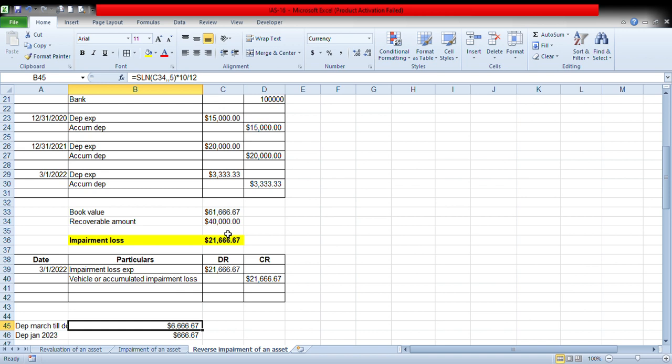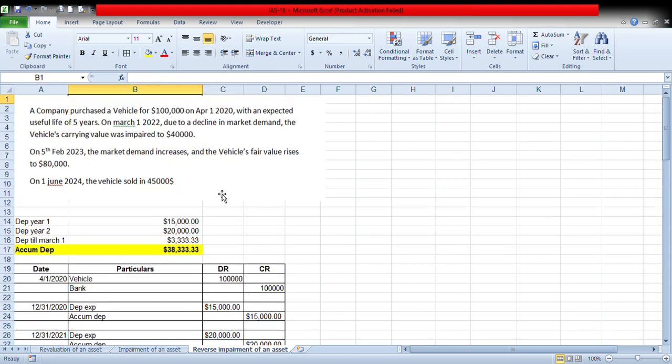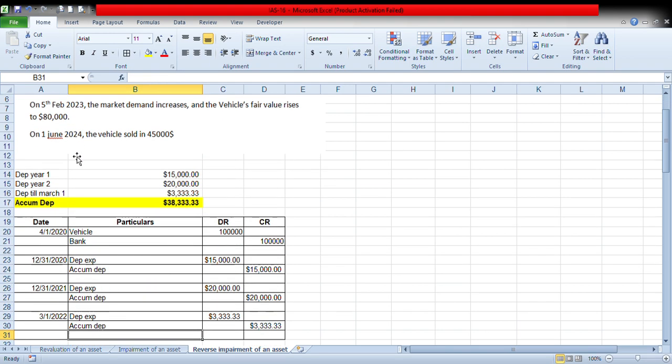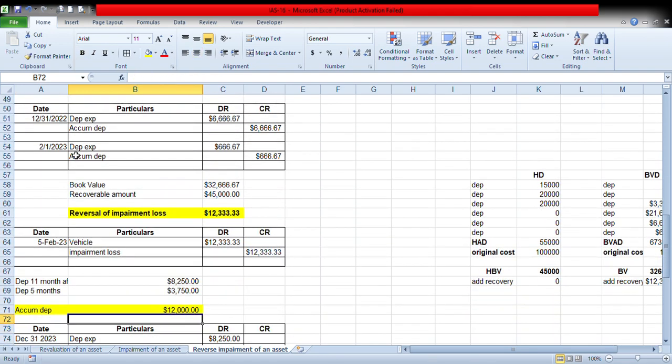Now I need to calculate 10 months more depreciation with this value. Then, as you know, on 5th of Feb, till January I need to calculate the depreciation. So again, I calculated depreciation for one more month.